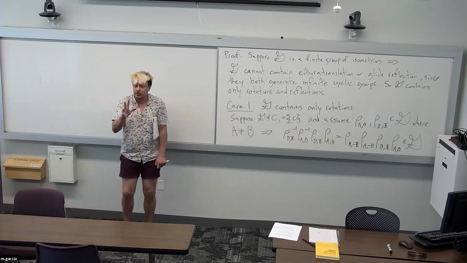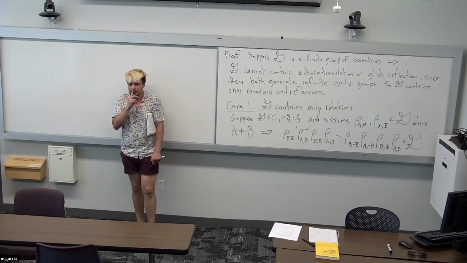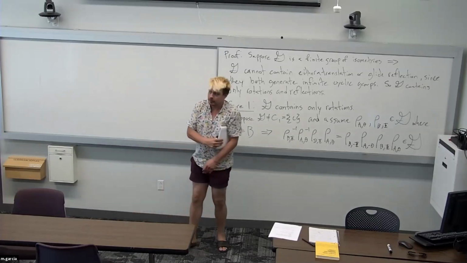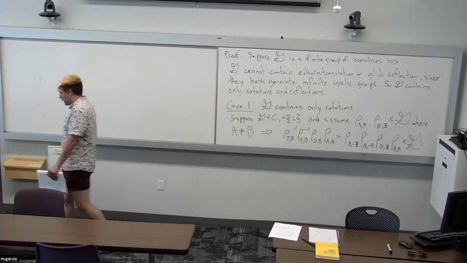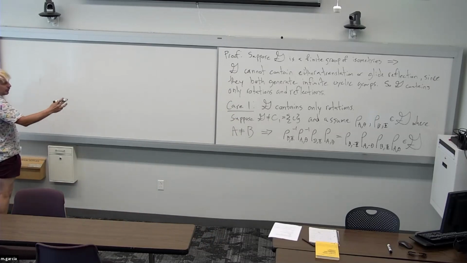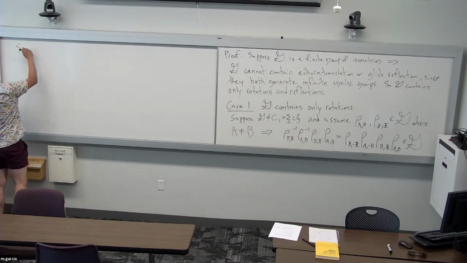Let me ask you this. What theorem am I trying to get you to use? The total sum angle here is 0, right? Which means it has to be a translation, which can't generate a finite group. Right. Good. Okay, so let's write that out.